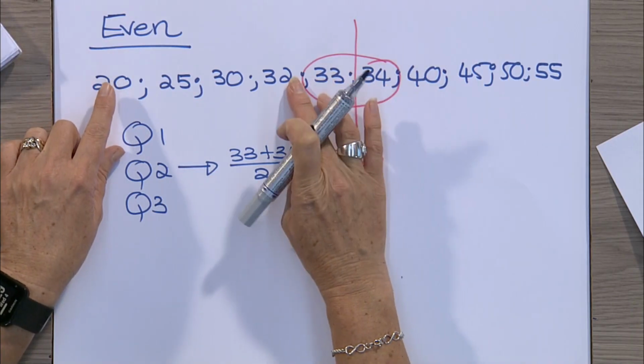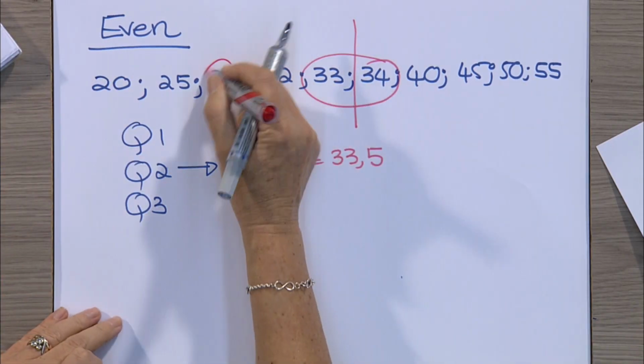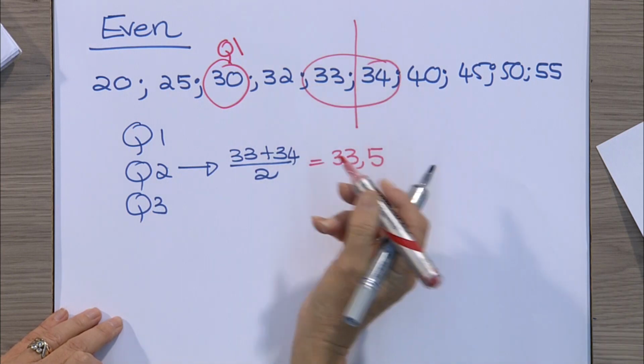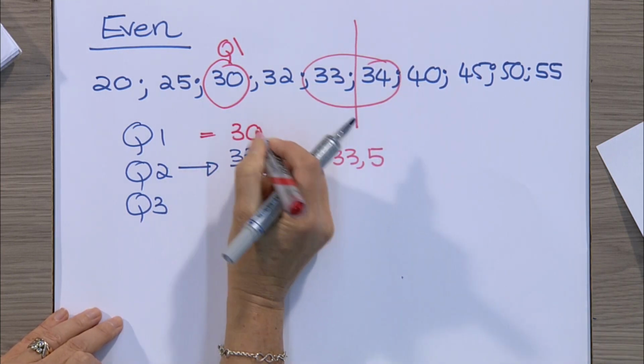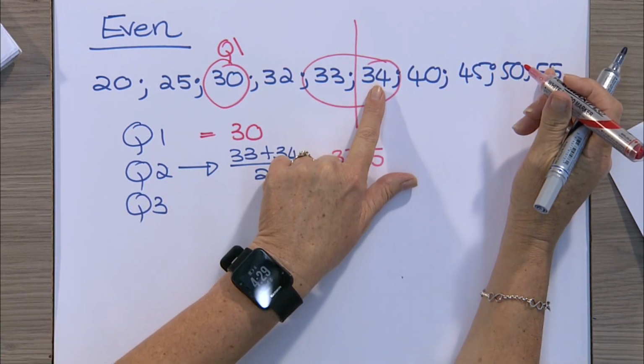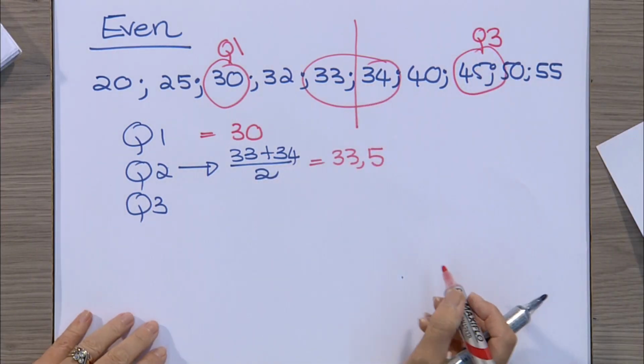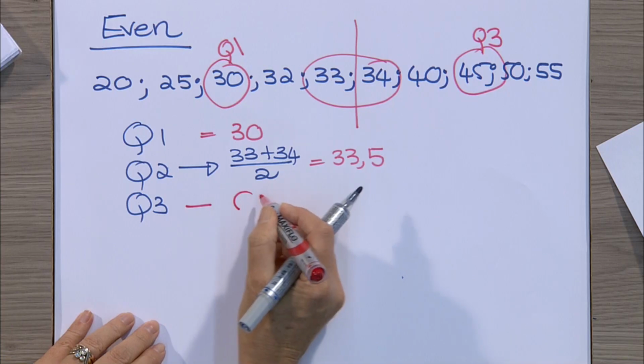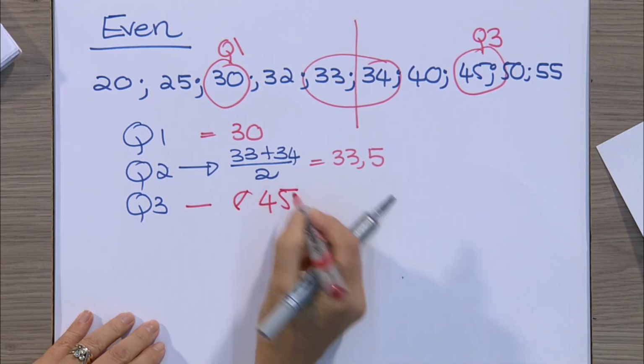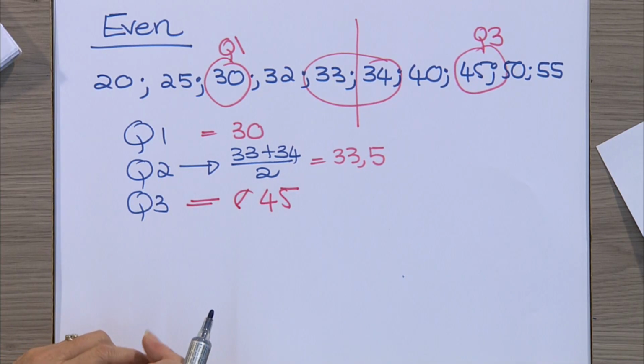So I get 1, 2, 1, 2, and then 30 will be my Q1. That is 30. Then I do exactly the same on this side, and I get that 45 is my quartile 3. So my answer for quartile 3 is 45.